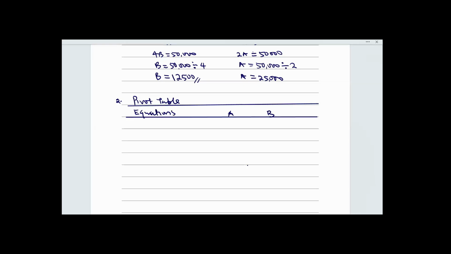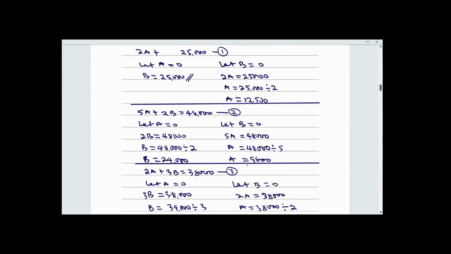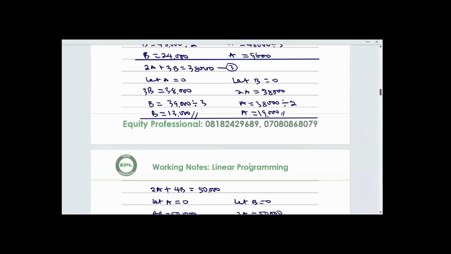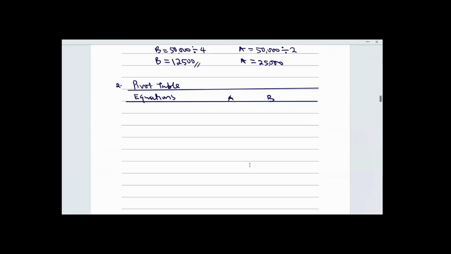Now, the first equation is 2A plus B equal to 25,000 kilograms.